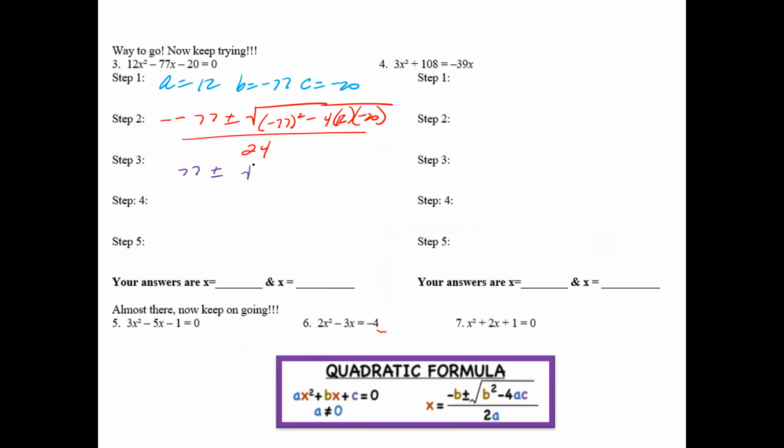So positive 77. Negative 77 times negative 77 is a 5,929. 4 times 12 times 20 is going to give you 960. Add it all together, you're going to get a 6889.